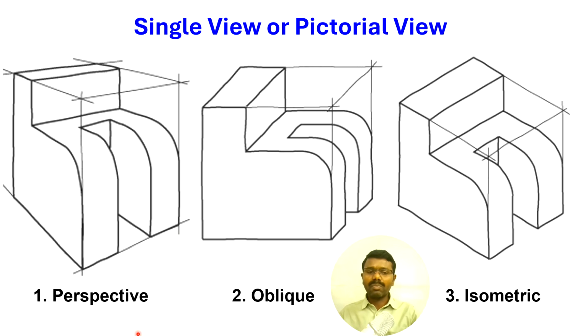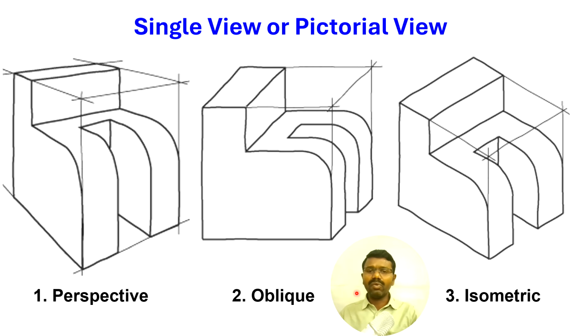Because perspective views are difficult, there is another method to draw the pictorial view, that is the oblique view. Here one of the faces is made perpendicular to the view direction and drawn with true dimensions, and the other two faces are deformed and then drawn.